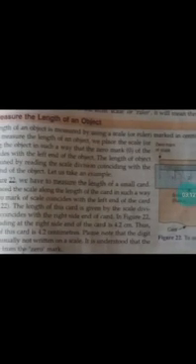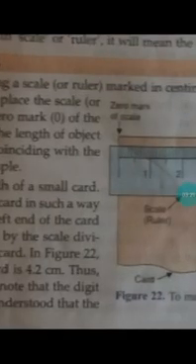See, here it is written. We have to measure the length of a small card here in figure 22. We have placed the scale along the length of the card in such a way that the zero mark of the scale coincides with the left end of the card. The length of this card is given by the scale division which coincides with the right end of the card.